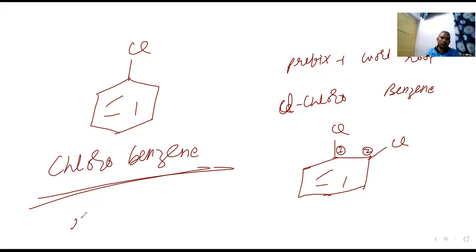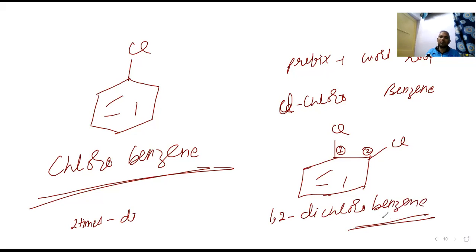If anything is coming two times, it is dichlorobenzene. So 1,2-dichlorobenzene. This is our answer. 1,2-dichlorobenzene, right?